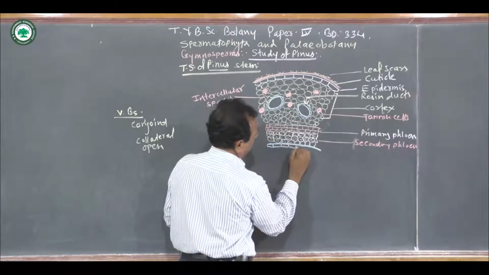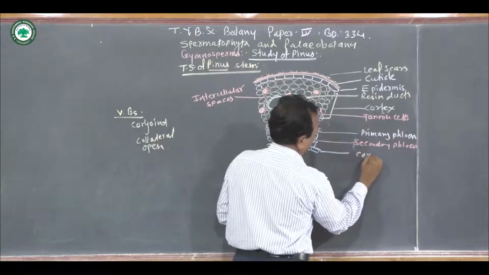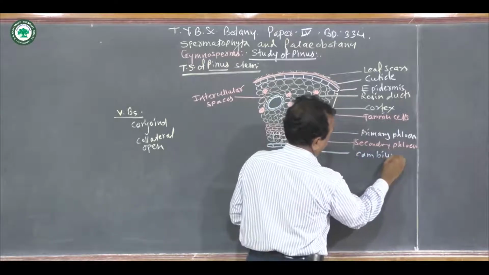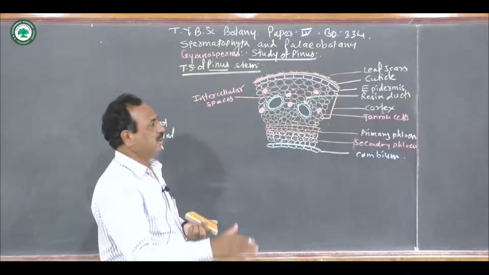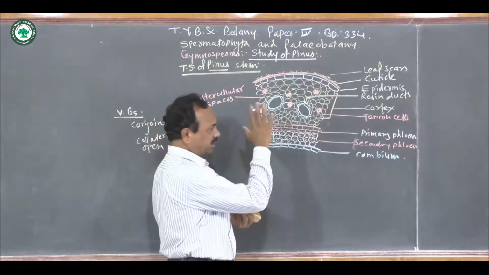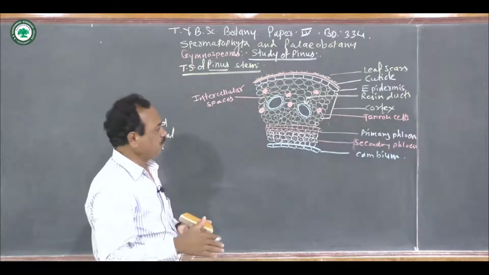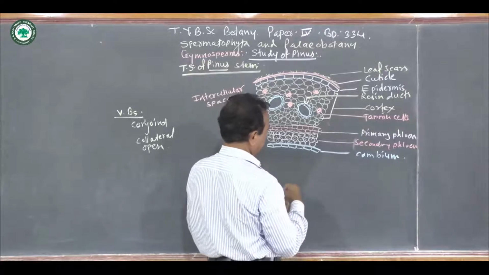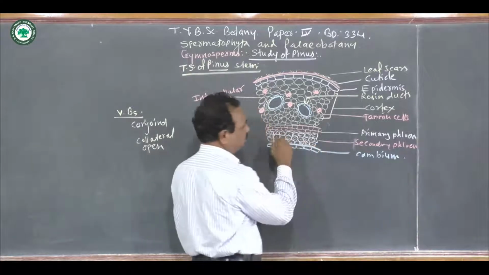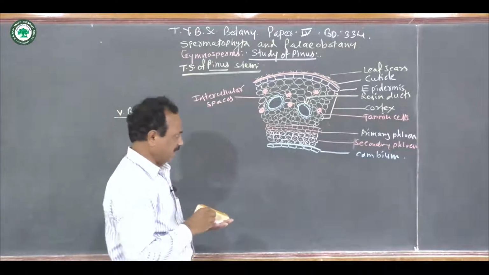This cambium is single layered. This cambium is the meristematic tissue. It cuts off cells towards the outer side and also towards the inner side. The tissue which is developed towards the outer side is called the secondary phloem, and the tissue which is developed towards the inner side is known as the secondary xylem.